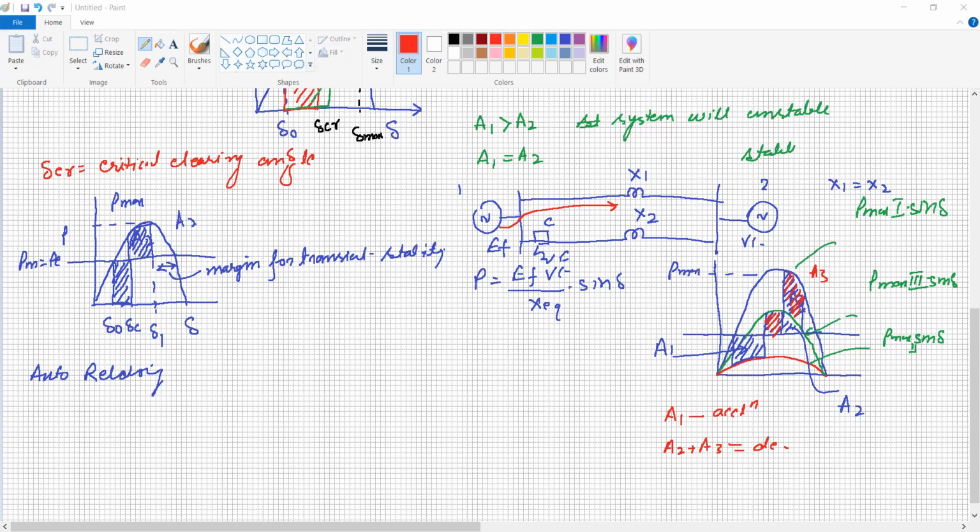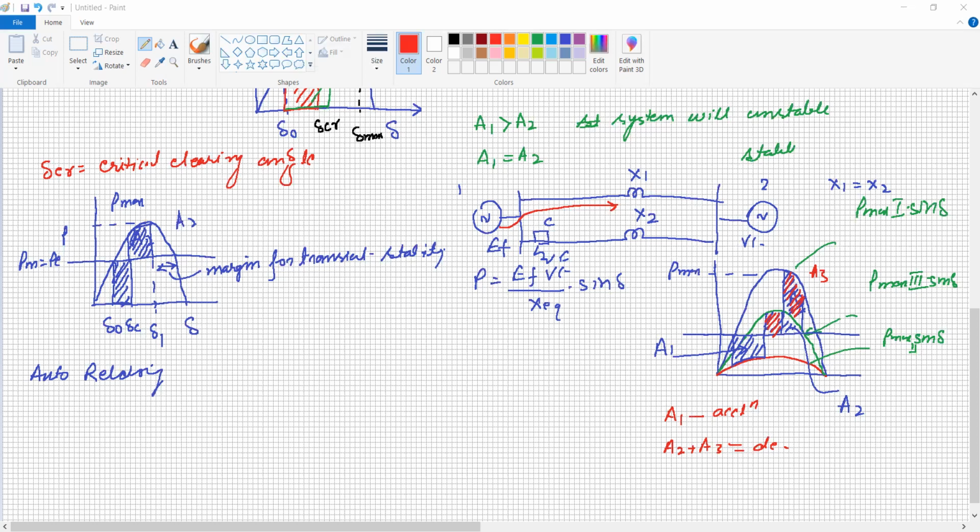This is the delta 0. Now the fault is cleared, and area A1 becomes equal to area A2. But again here, delta 1 is quite difficult to calculate, so we are taking its maximum value. From this, delta maximum is equal to pi minus delta 0. So this is the way to calculate the value.